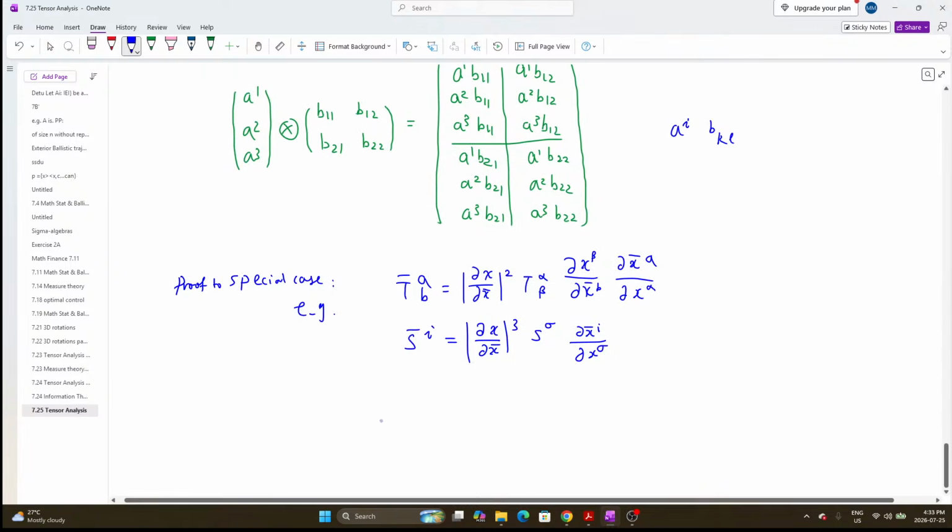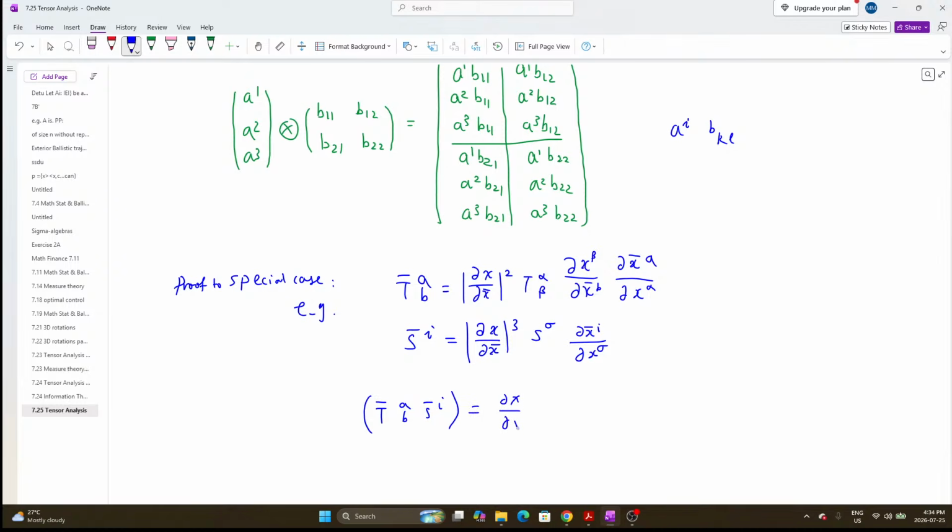Multiply the two and you get T bar A B S bar I. This as a whole is a new tensor, a tensor of order 3, contravariant of order 2 and covariant of order 1.